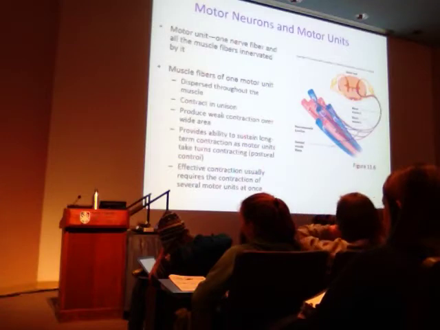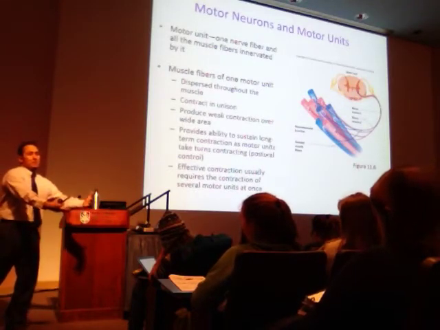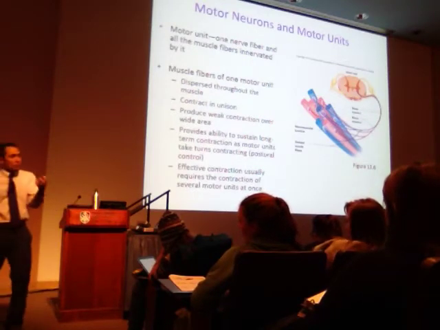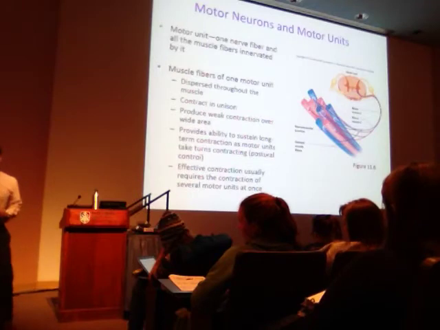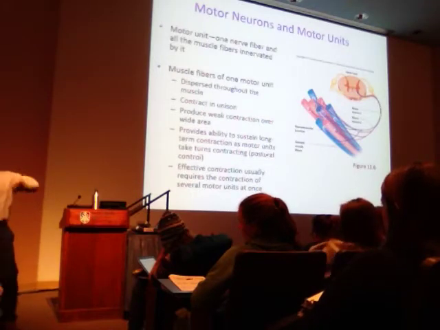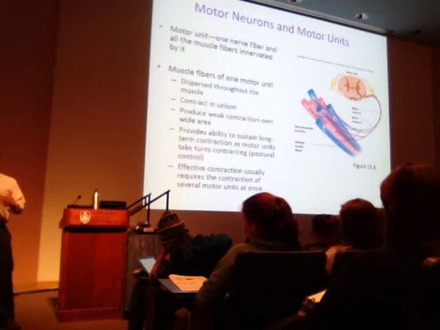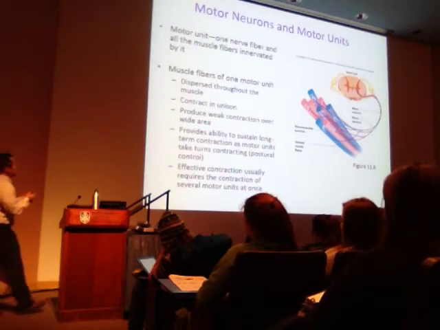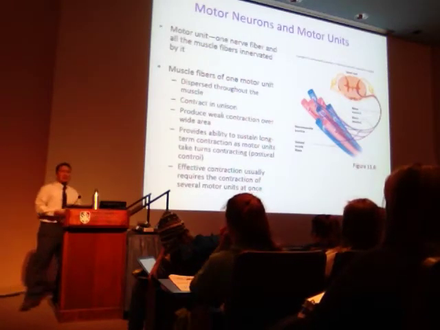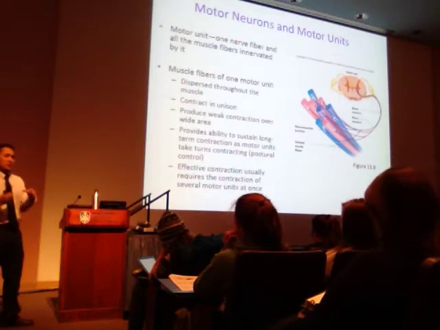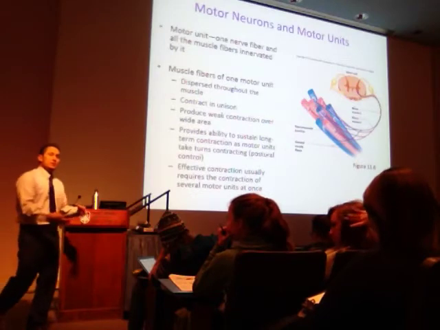They're actually intermingled so that you can still use the entire cross-sectional area of the muscle, but you're only recruiting certain fibers within it. So it's not like the anterior side is one color and the posterior side is the other. You with me? So it's dispersed over the entire muscle. They will contract in unison when they're activated, because you want to have a coordinated contraction.